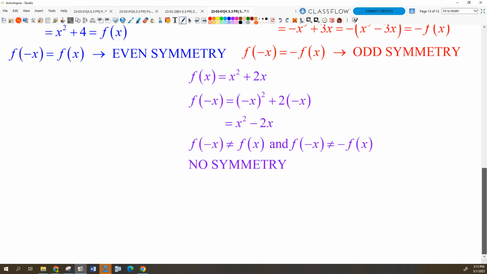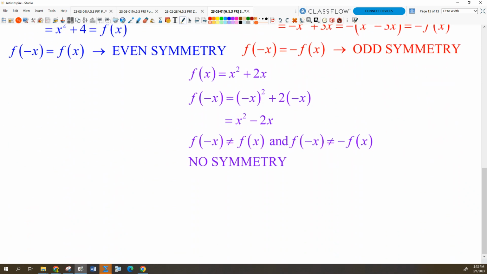Now look what happens if we mix it though. What if we take a polynomial that has even and odd exponents and I subject it to the test for symmetry? So f of negative x is going to give me the quantity negative x squared plus 2 times the quantity negative x. Well, negative x quantity squared is just x squared, but 2 times negative x is minus 2x.